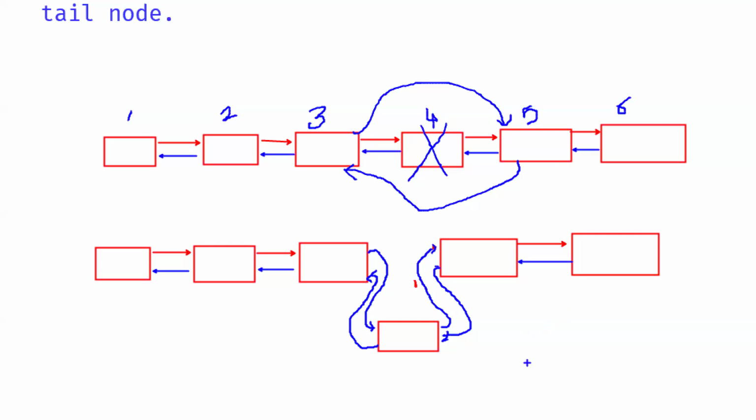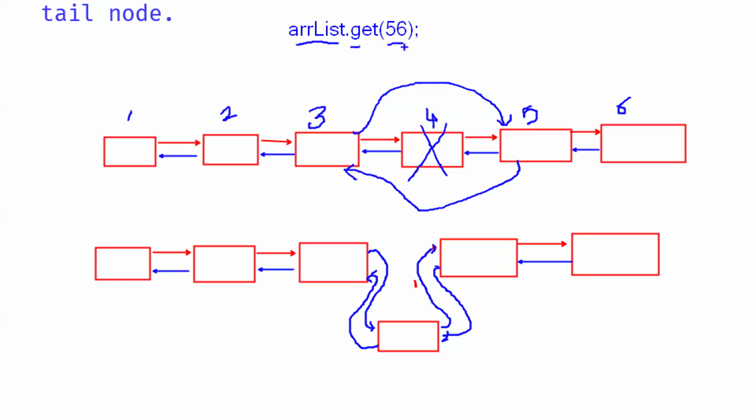For example, if it is an array list object, can I use an index? Yes, in an array list we can. ArrayList dot get of 56.